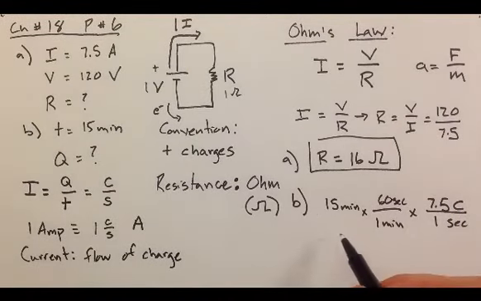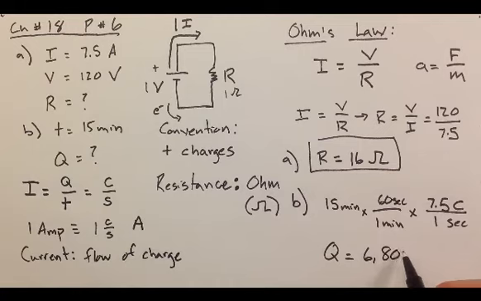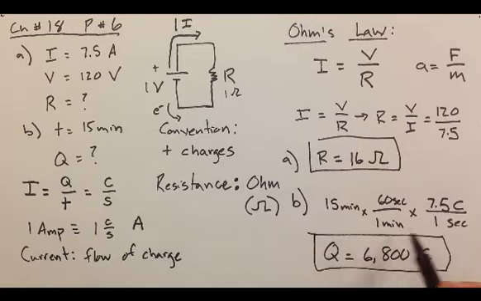All right. So if we just multiplied that out, we would get a charge of 6,800 coulombs. Okay. So just a little dimensional analysis there with our units.